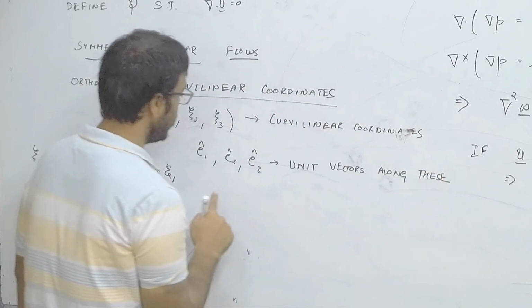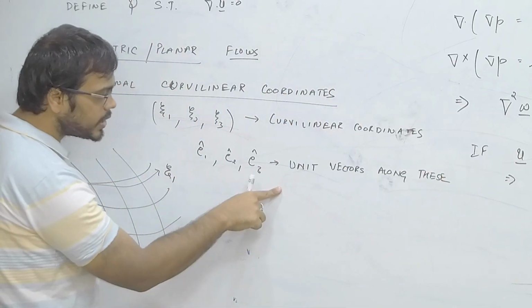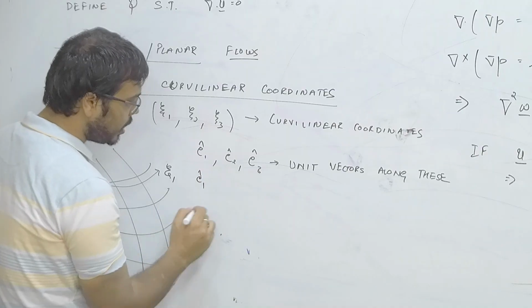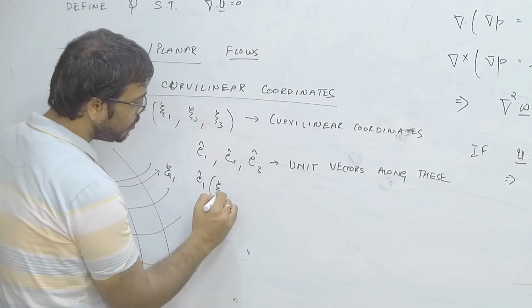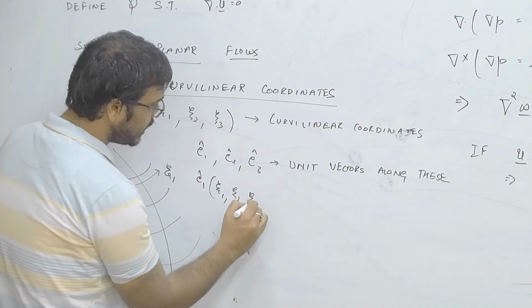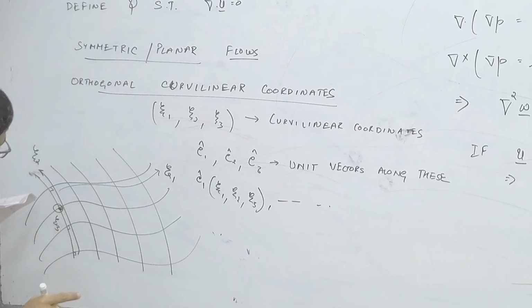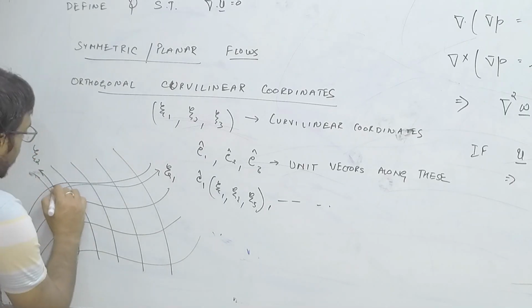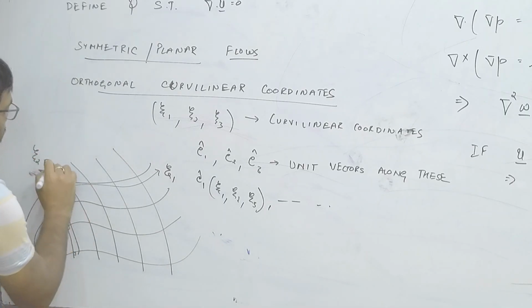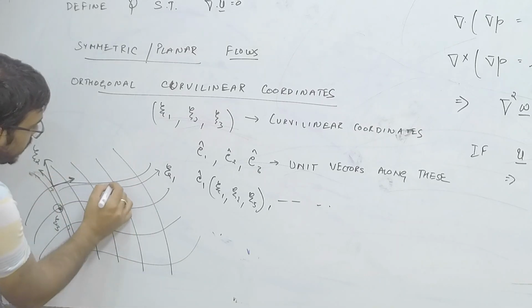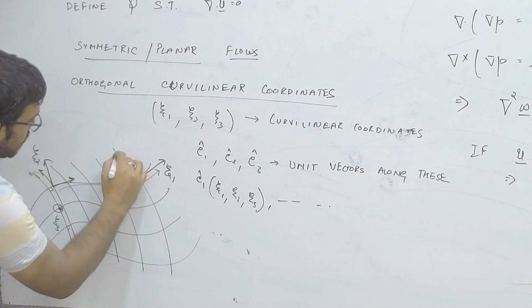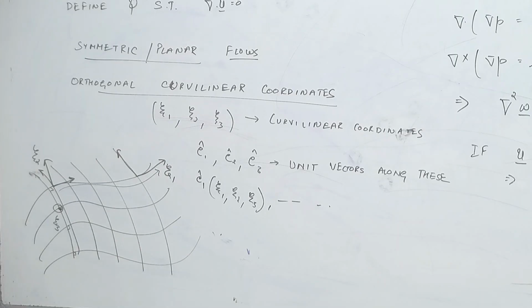An important point here is that unlike Cartesian coordinates, this e hat 1 could be a function of these coordinates. The unit vectors can change. For example, if this is your e hat 1 here and this is your e hat 2 here, these are very different at this place. The unit vectors could change with the coordinate.